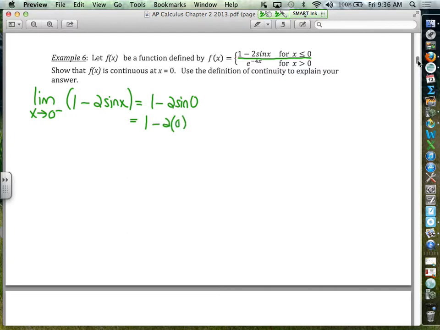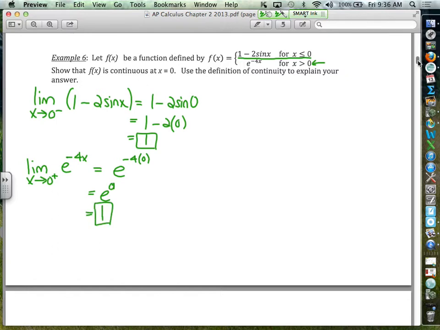The sine of 0 is 0, so I have 1 for that left-hand limit. If I look at the right-hand limit, that would be using this second piece here. I would have e to the -4x. And if I do direct substitution, I'll have e to the -4 times 0, which is e to the 0, which is 1.